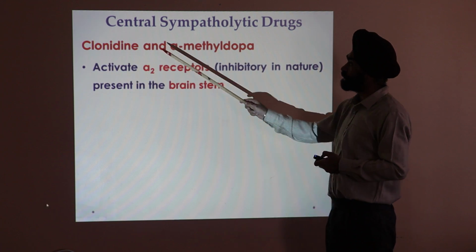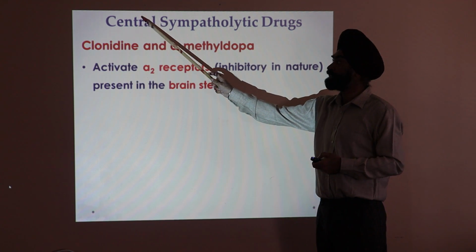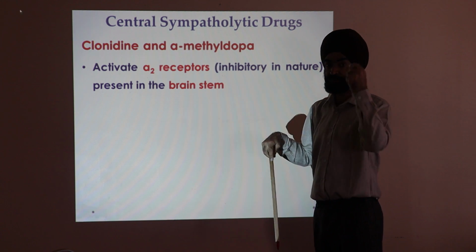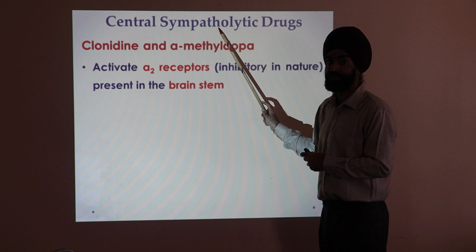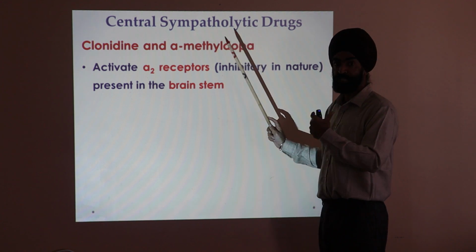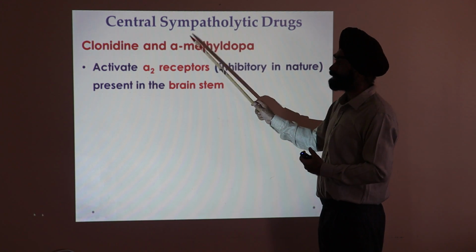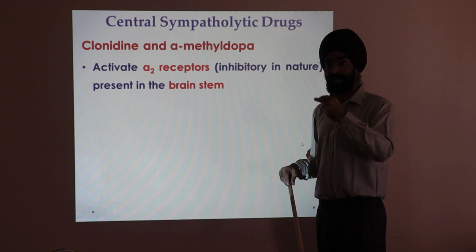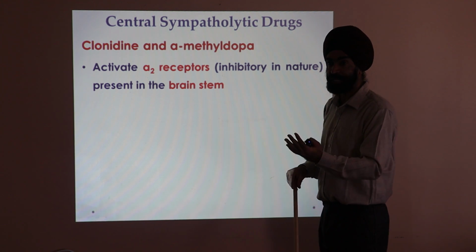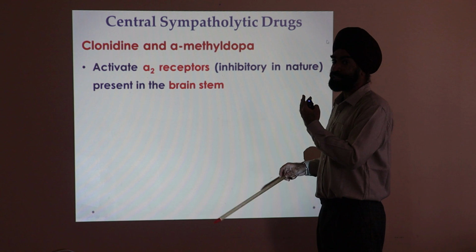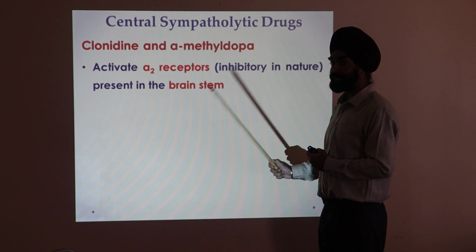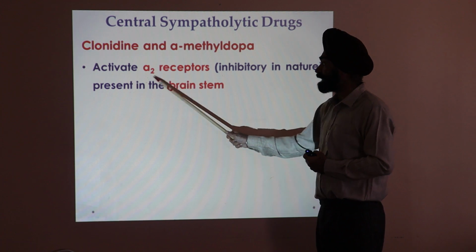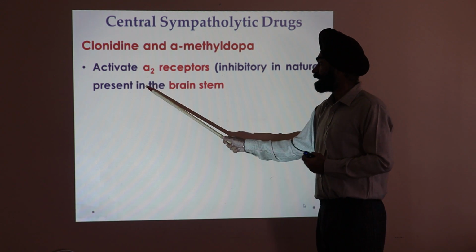Another category, central sympatholytic drugs, and the two drugs in this category are clonidine and methyl-dopa. Now, if you see the name central, that means they are acting in the central nervous system, that means in the brain. Sympatho, that means something related to the sympathetic nervous system. Lytic, something destroy. So these drugs act in the brain and destroy, inhibit or attenuate the sympathetic nervous system. These two drugs activate alpha-2 receptors in the brain stem.